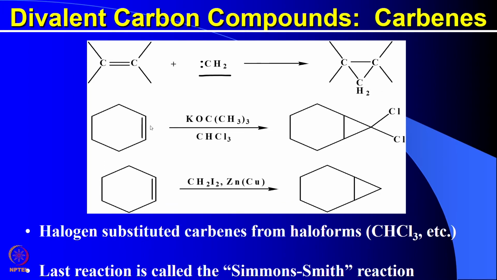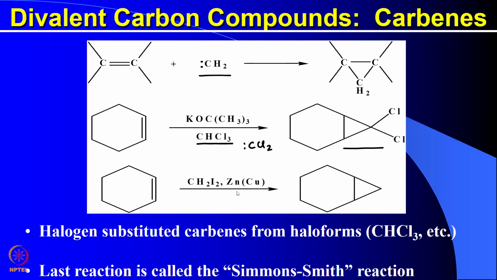In case of cyclic alkene, here it is cyclohexene, chloroform reacts with base to form a dichlorocarbene, CCl2, and that CCl2 adds to the double bond to form this three-membered ring in this cyclohexene derivative.